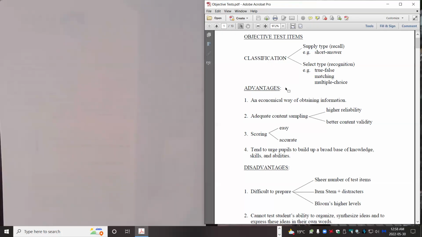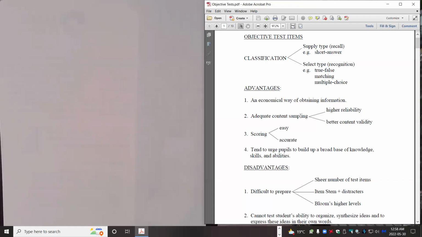So we have broad content sampling, and the likelihood is good that we test how much the students actually know or have learned. Within an hour we obtain a lot of information from the students.